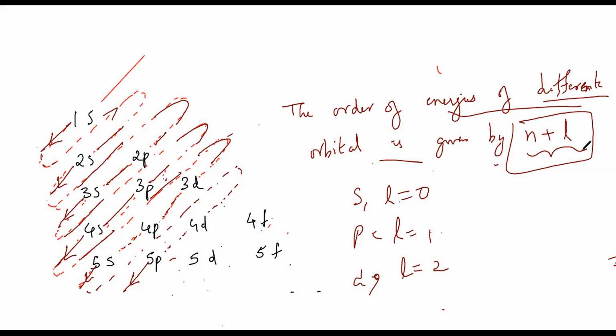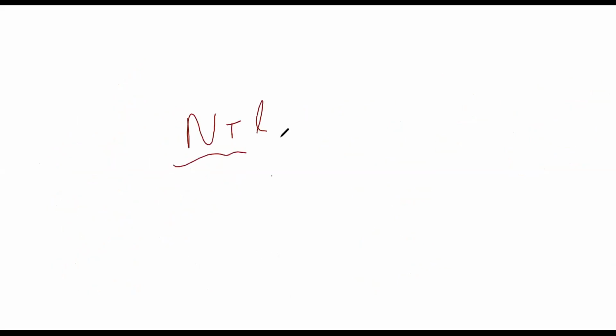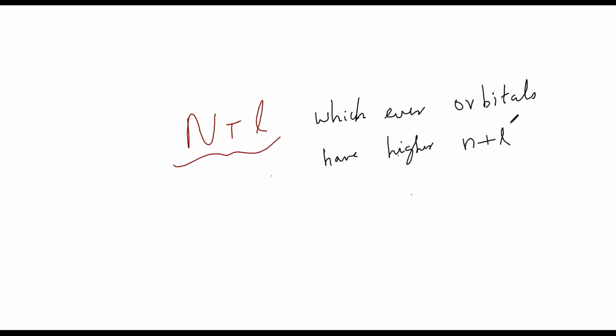Correct. So what can I infer from the n plus l rule? Whichever orbitals, we're talking about orbitals, have a higher n plus l value, it will have more energy.